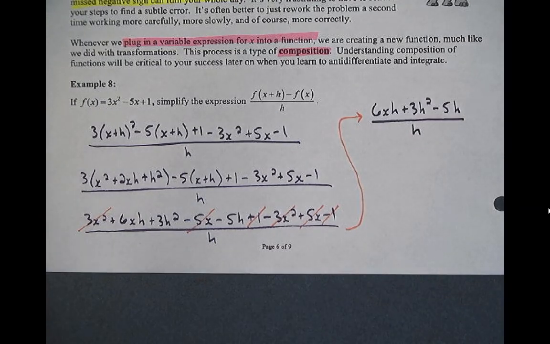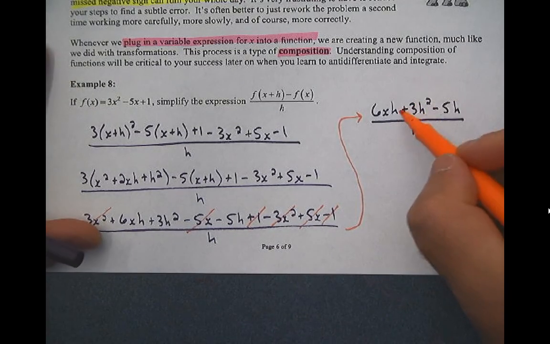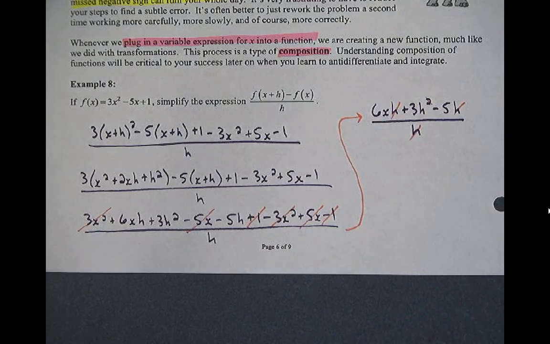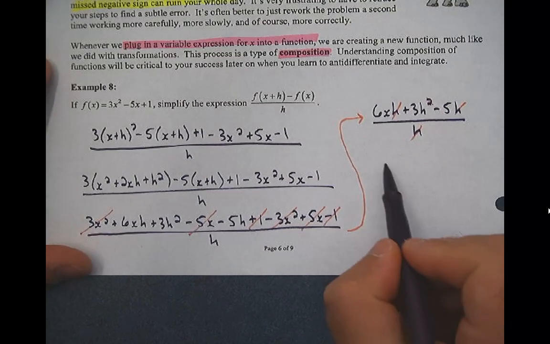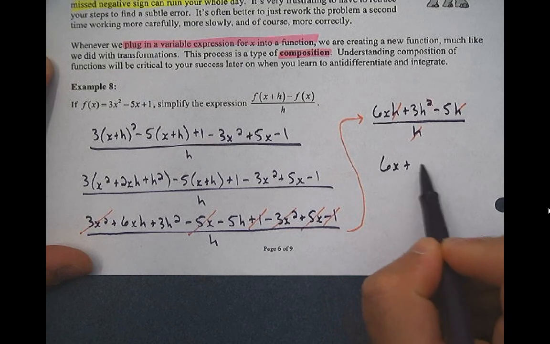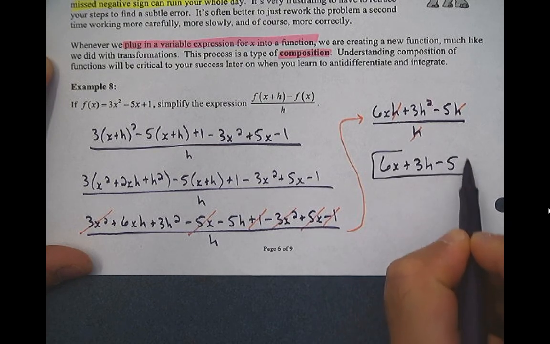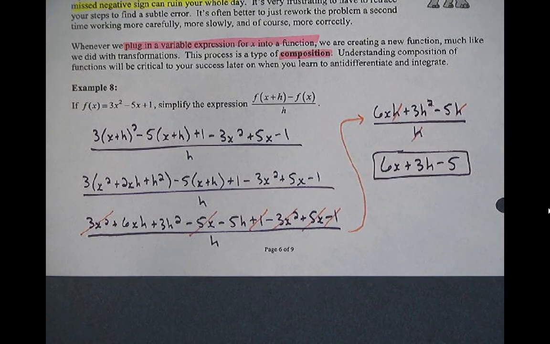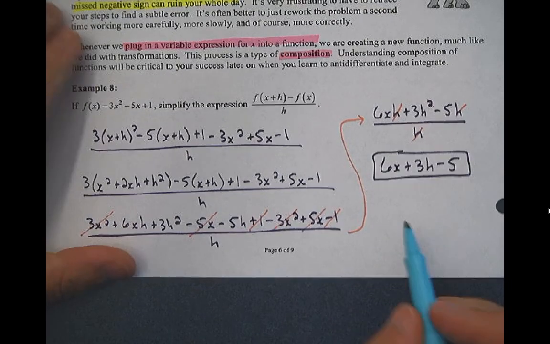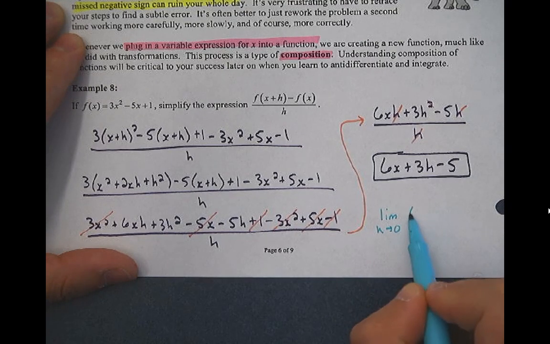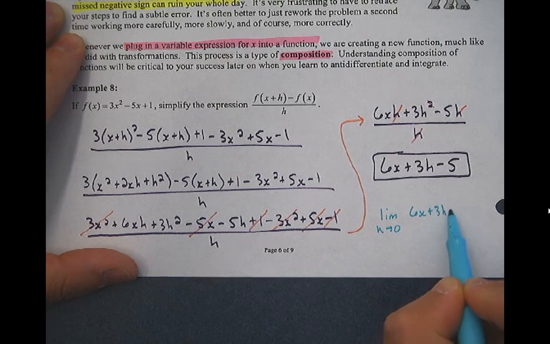What do you notice everything has? An h. Gone, gone, gone. I divided out one h from each one. So that leaves us with 6x plus 3h minus 5. And you might remember last year that we would then take the limit of this, the limit as h approached 0 of 6x plus 3h minus 5.